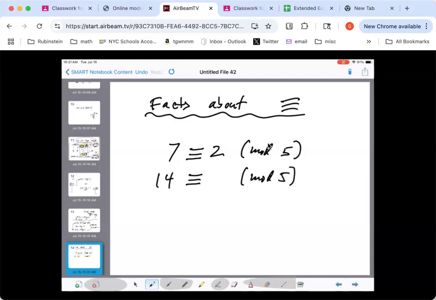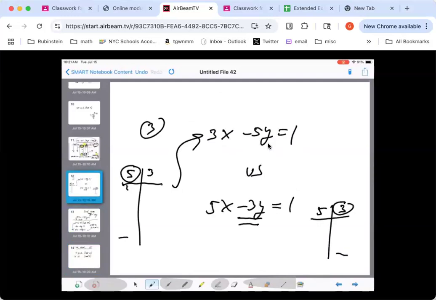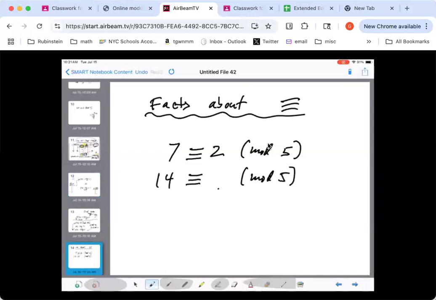Now you might say, oh, obviously you have to put a 4 here, but you don't. You could put any number. It doesn't have to be the remainder. Very often it is the remainder. But if I put the number 9 here, that's true still. They both give remainder 4 when you divide by 5. So these are both true.